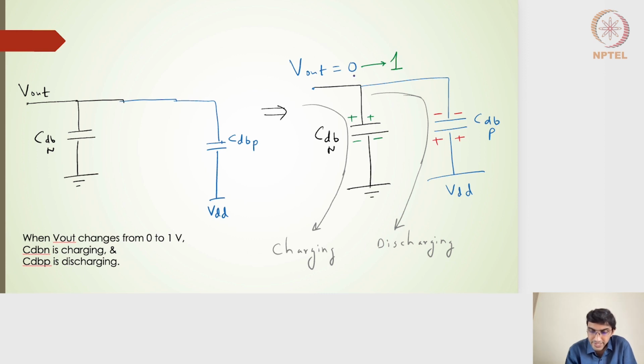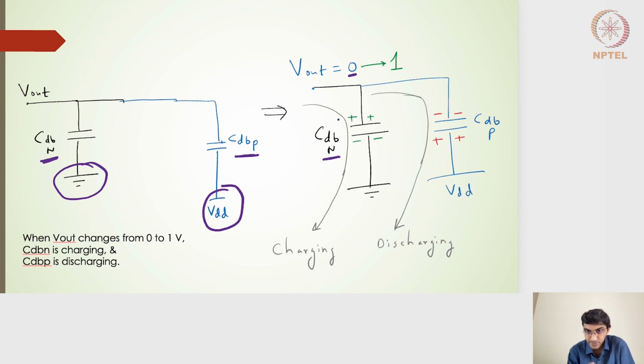So when the output voltage is actually 0, consider the drain to body capacitances for the PMOS and NMOS. For the NMOS, it is connected to the ground here. For the PMOS, it is actually connected to VDD. So when the output is 0, the CDB of the NMOS has 0 on both the terminals, so it is not at all charged.